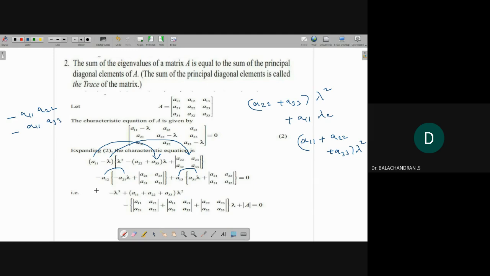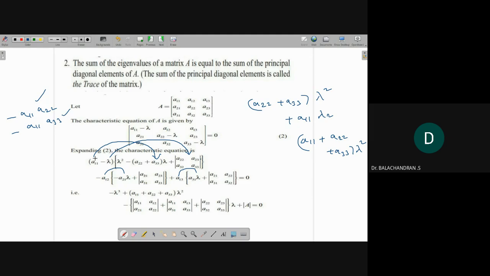That is coming here. You can check it. A11, A22 is the first term, and the second term A11, A33 is coming from here. So this diagonal and this diagonal will give these two. You should be a little bit careful.